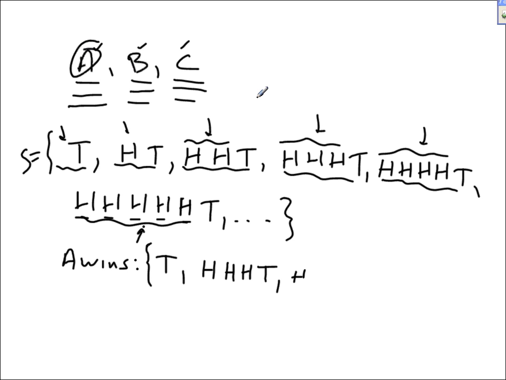So this is first round, this is second round. What if Abe wins on the third round? That is, Abe, Betty, Carlos get heads, and then Abe, Betty, Carlos get heads again, and then Abe gets a head, and then Carlos wins. Oh, no. Abe is going to win. Sorry. Thinking about the last problem.